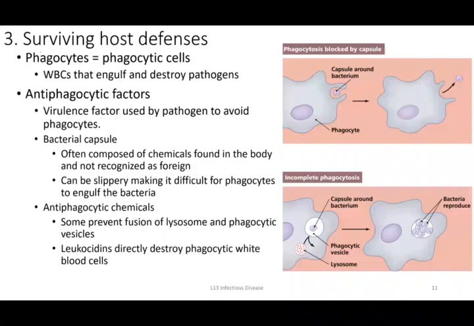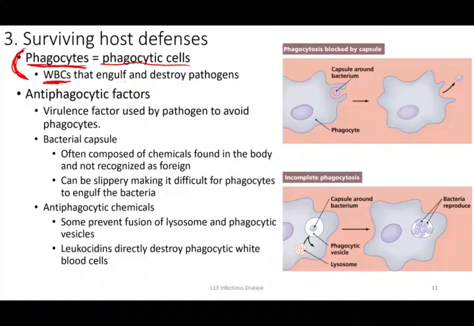And so without going into a lot of immunology right now, we're going to see this more towards the end of the semester. This is a generic term we use to describe some immune cells. They're called phagocytes. And they have the ability to carry out this process called phagocytosis. So they're phagocytic cells. And for the time being, all you have to know is these are white blood cells.